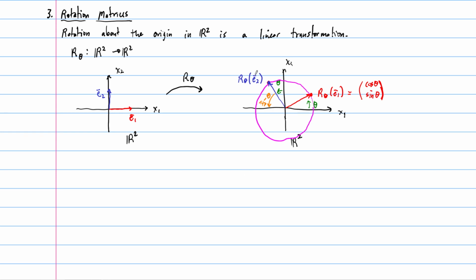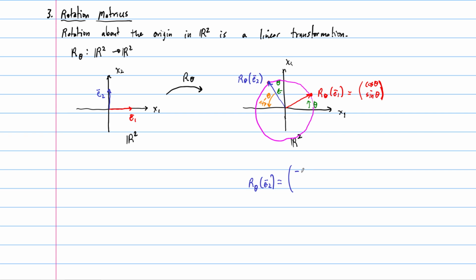For this blue vector, r theta of E2, which is now in quadrant 2, remember how this works with the reference angle: it's going to be cosine and sine of the reference angle, but the sign depends on the quadrant. In quadrant 2, the x value is negative and the y value is positive.